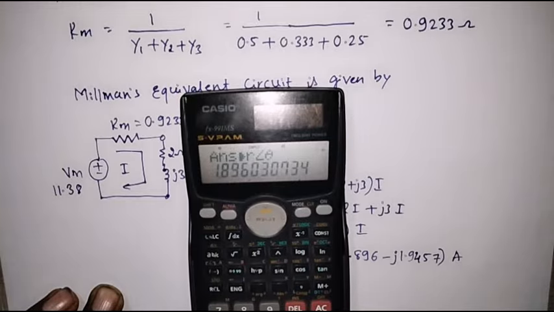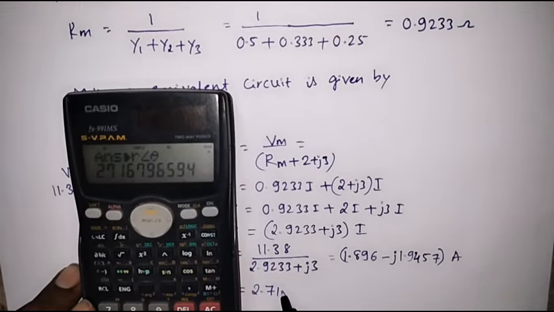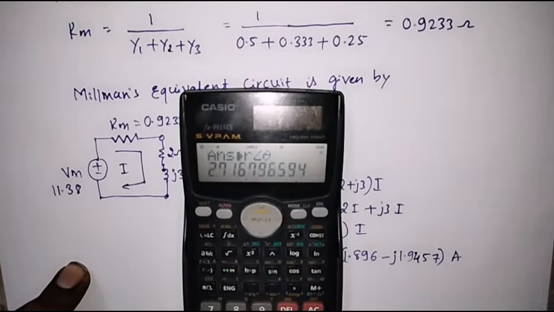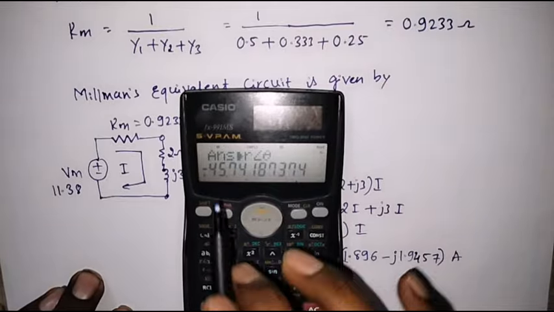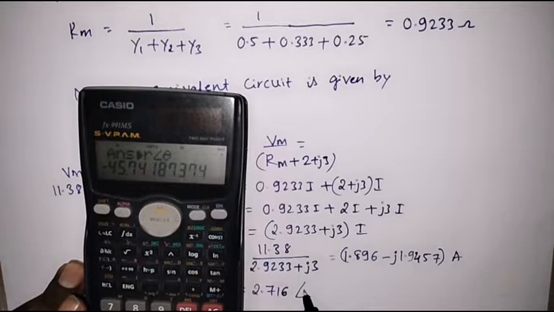It gives the result in polar form, that is 2.716, which is the magnitude. Press shift equal, it gives the angle. The angle is minus 45.74. That is I is equal to 2.716 angle minus 45.74 amps.